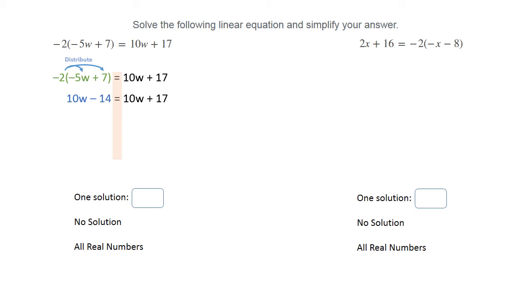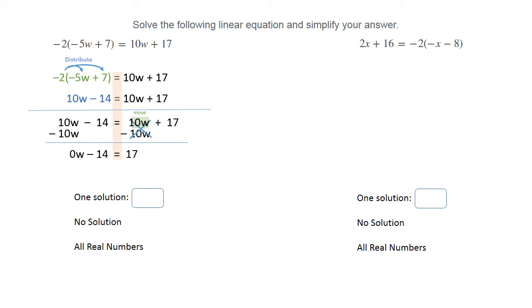The next thing we're going to do is move the 10w from the right-hand side. There's no like terms, so I'm just going to write the equation again and move the 10w by subtracting it. Subtracting it from both sides gives you a 0w on the left-hand side, and then you bring the rest of the equation down.